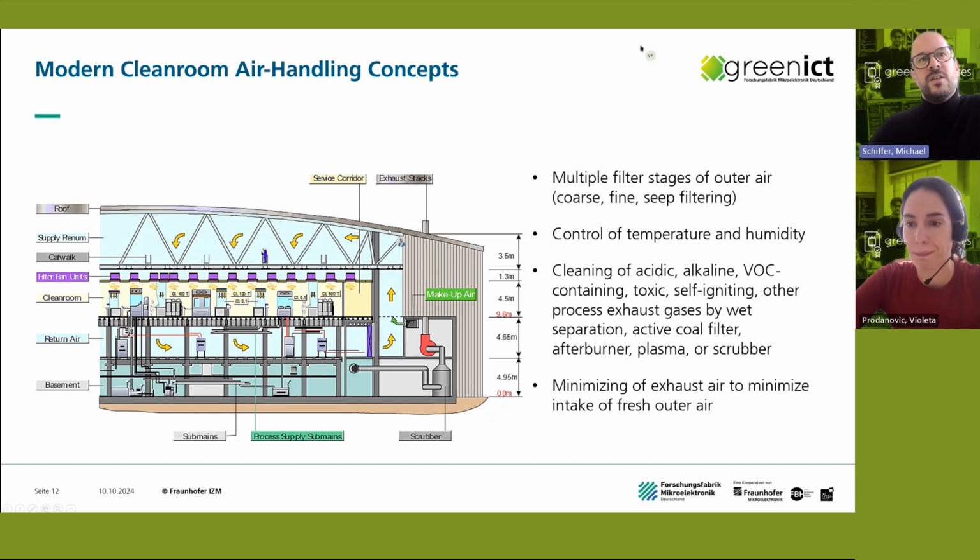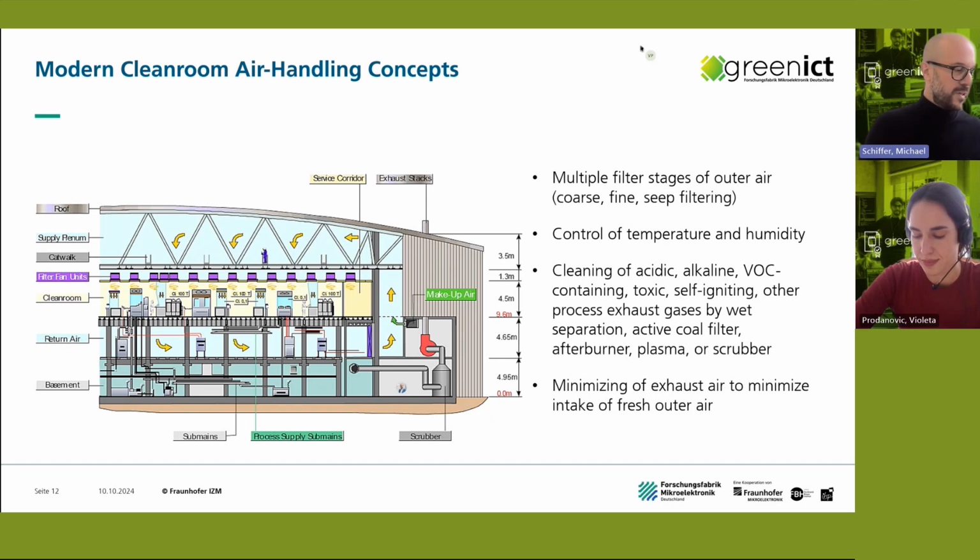But as seen here, you also have the air handling system from the top going through the filter fan units, then through the clean room, through the floor, and then back again into the air handling system. And you also have scrubbers in areas where you need them, where you do the abatement of different harmful substances. So in principle, we have multiple filter stages for the outer air until it gets into the clean room.